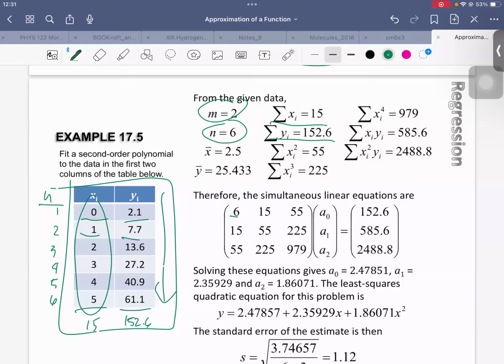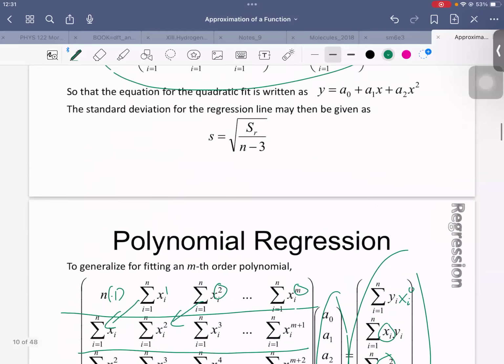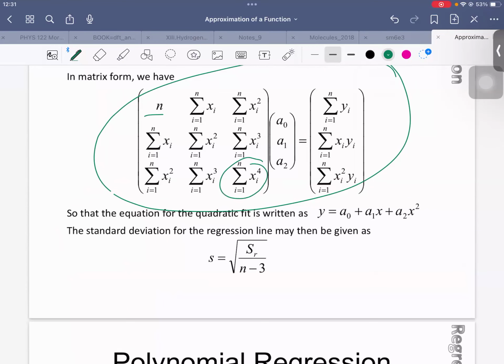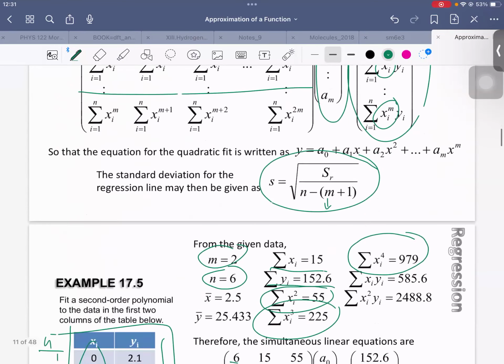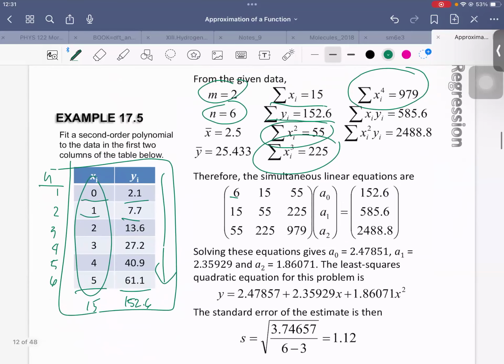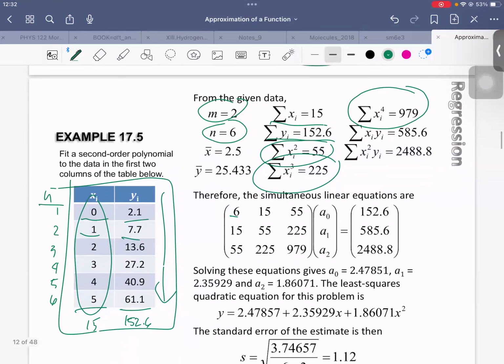So for x squared, 55, x cubed 2.225, x to the 4, 979. Okay? So let's see. Okay, so up to x to the 4 is the only term you need. Now the others, you have to manually do that. You can use Excel or MATLAB.